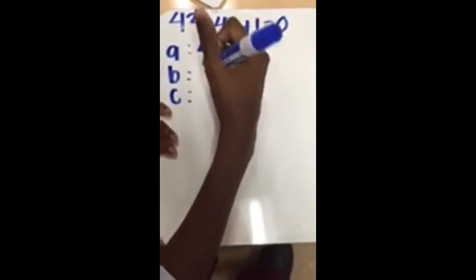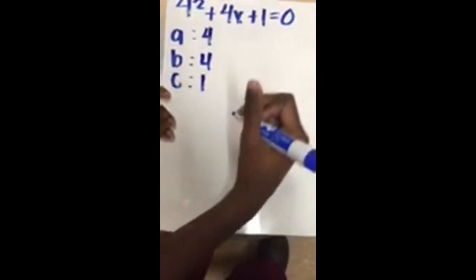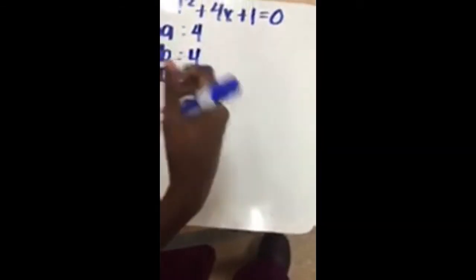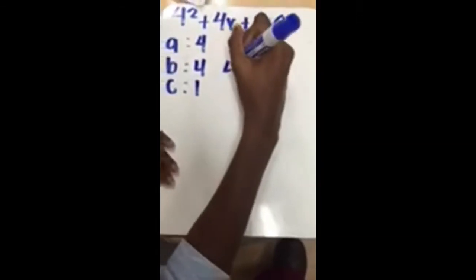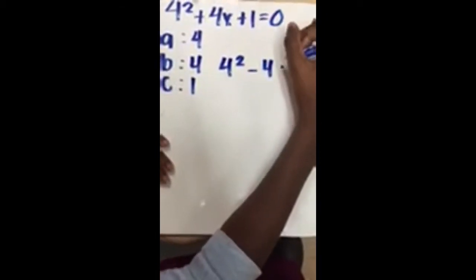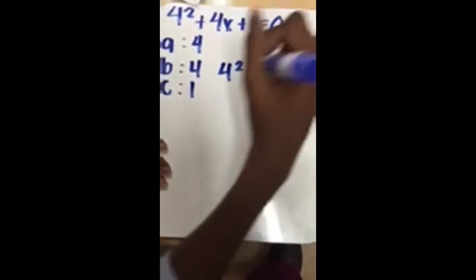A is 4, B is 4, and C is 1. B squared minus 4 times a times c. B squared, since 4 is B, it will be 4 squared minus 4 times 4, as A is 4, and C is 1.